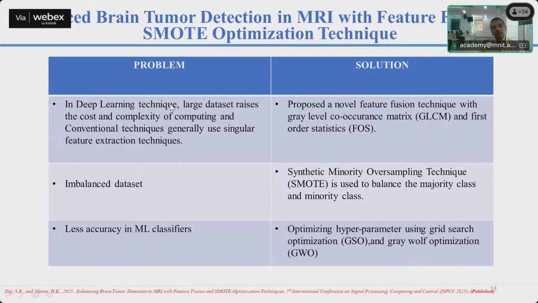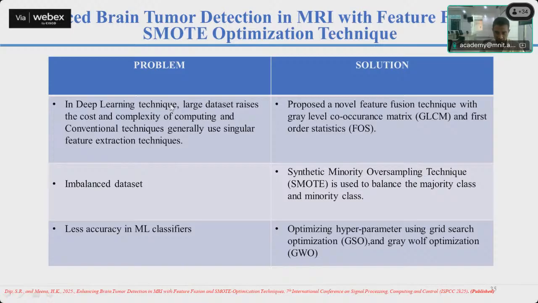Problems in deep learning: large datasets raise the cost and complexity of computing, and it requires additional GPUs, which are not commonly available in normal computer systems. Conventional techniques generally use single feature extraction techniques. So we have proposed a novel feature fusion technique with gray level co-occurrence matrix and first order statistics.